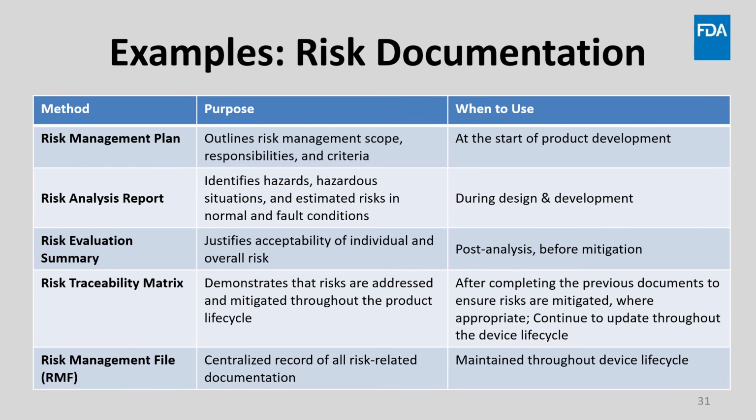Some individuals capture their risk information using a risk evaluation summary to document the justification of the acceptability of individual and overall risk. A more popular example for documenting risk information is a risk traceability matrix, which demonstrates that risks are addressed and mitigated throughout the product lifecycle. And then there is the risk management file, which serves as a centralized record of all risk-related documentation maintained throughout the device lifecycle.